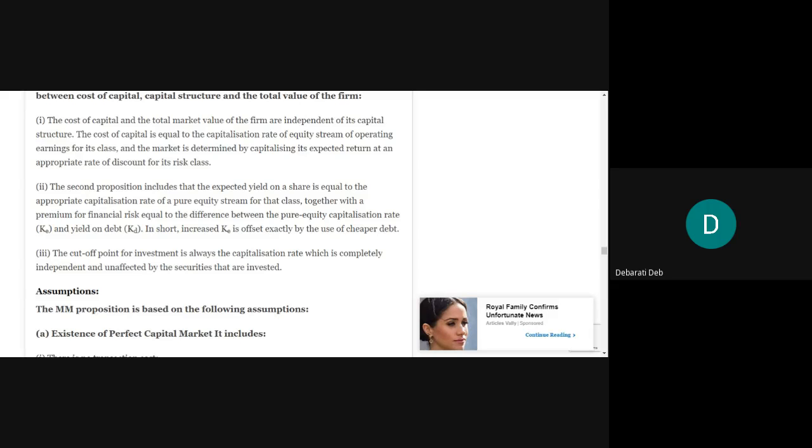Okay, cutoff point in some sense can also be the internal rate of return. Whatever is the rate of return, or you can also say expected rate of return, that is always the capitalization rate of equity, which is completely independent and not affected by the securities that are invested. Okay.